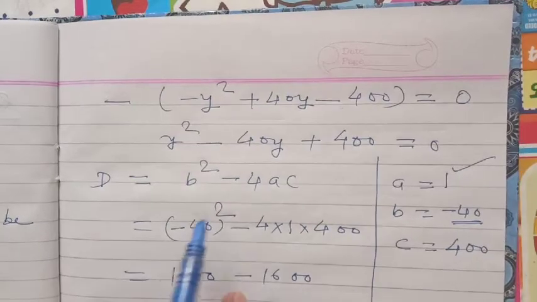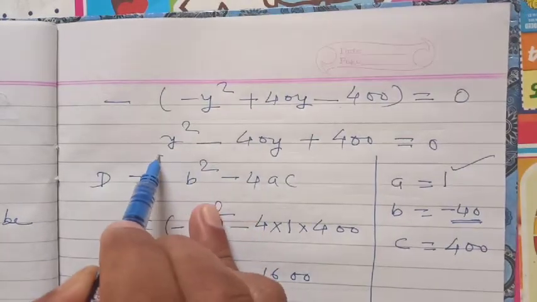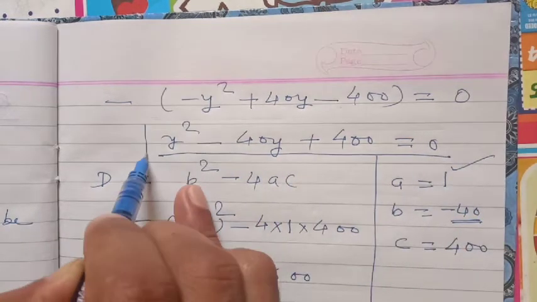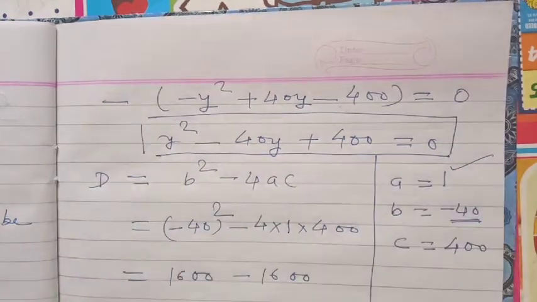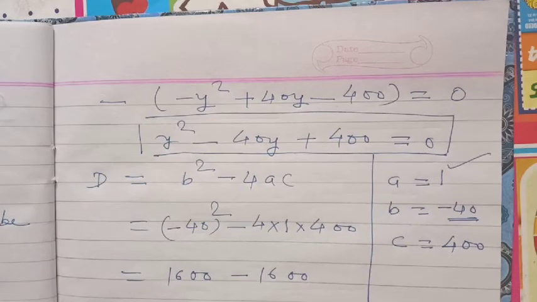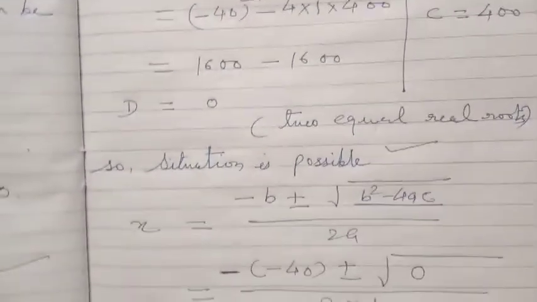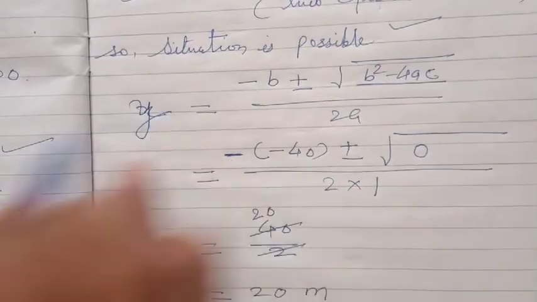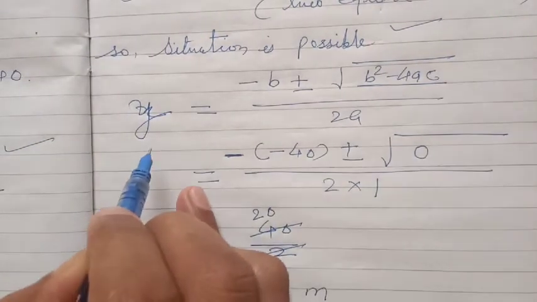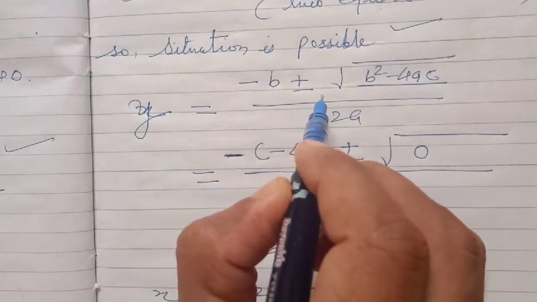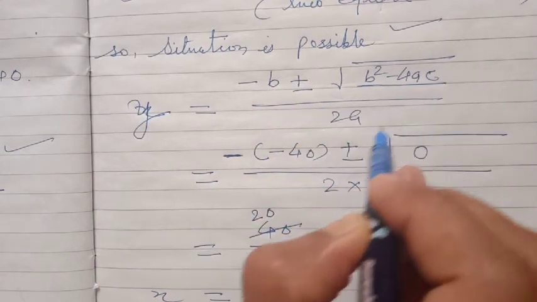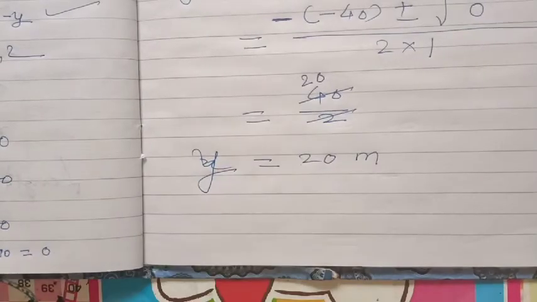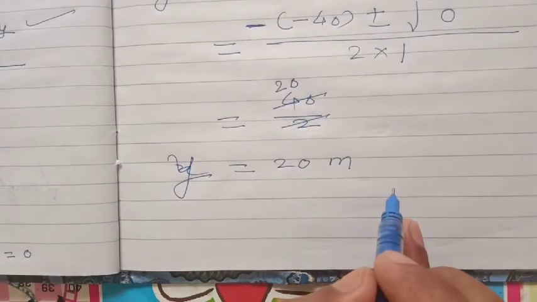Watch the quadratic equation in a proper manner. y square minus 40y plus 400 is equal to 0. Which is the variable? y. y is the variable. That's why we will write here the value of y. Formula for y: y is equal to minus b plus minus under root b square minus 4ac upon 2a. So that's why that value is y. y is equal to 20 meter.